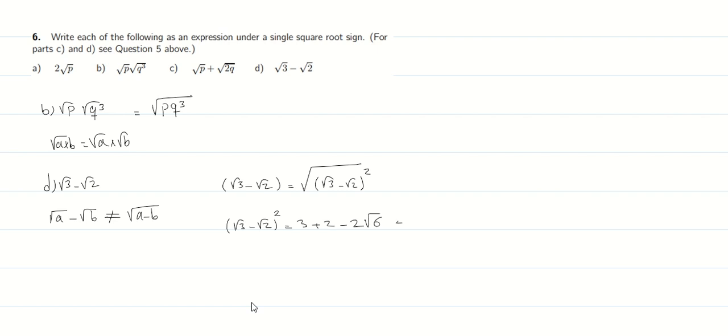So in other terms, this would be equal to 5 minus 2 times the square root of 6. And now we can just substitute this value in here and put it under the square root. And we can say this would be equal to the square root of 5 minus 2 square root of 6.